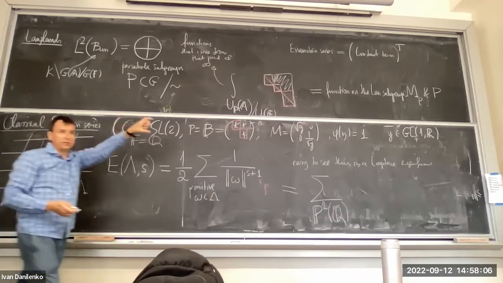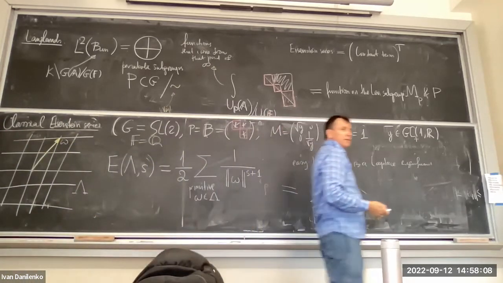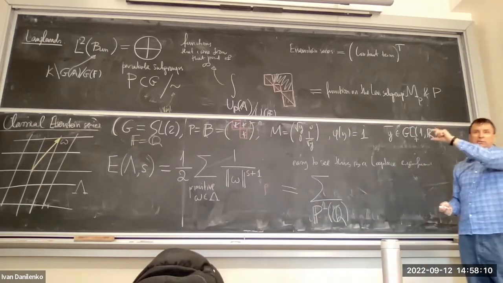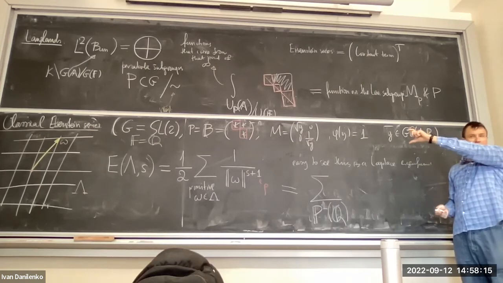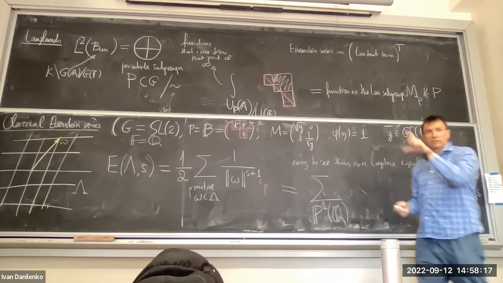I have a point here, a rational number, and I have to write the rational number with a pair of integers, the numerator and denominator of this fraction. So I can put a point in the lattice.